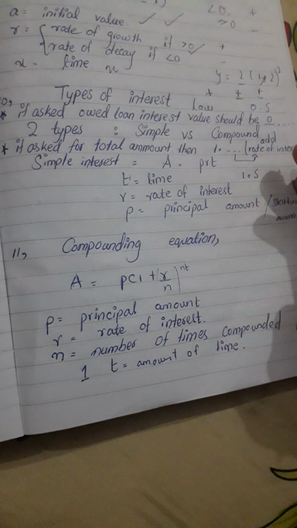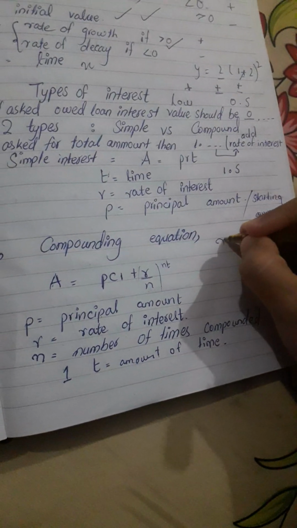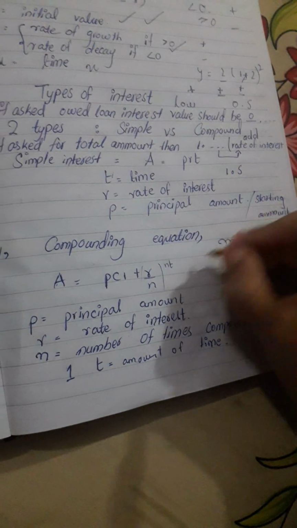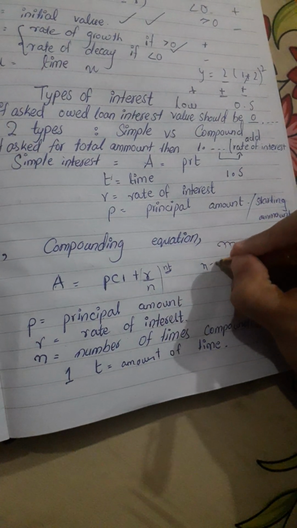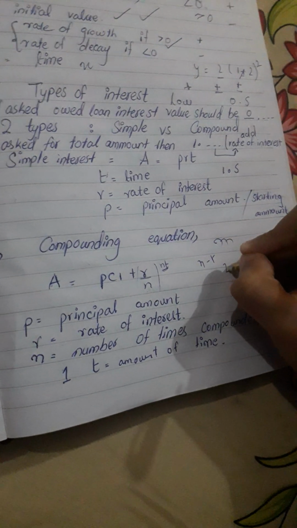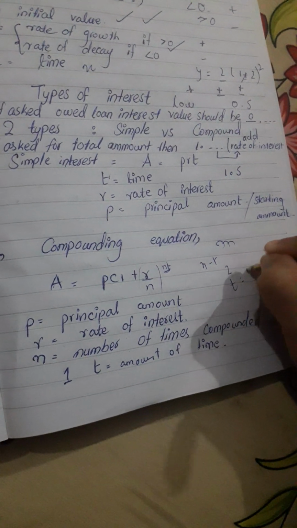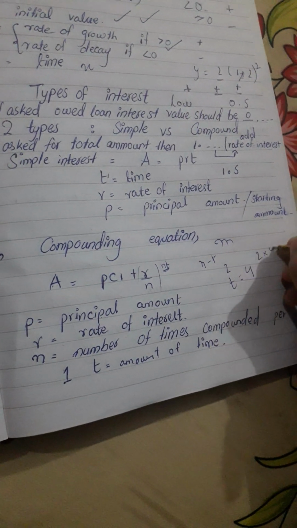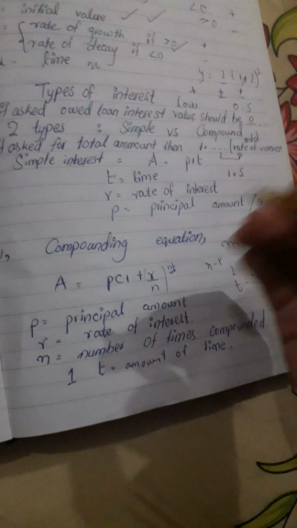Now n equals number of times compounded here, right? Compounded means doubled per term. Okay. And n and t are the two terms that are going to get multiplied. For example, n is 2, t is equal to 4, then simply they will get multiplied as exponents. 2 4s are 8. That's how simple it is.